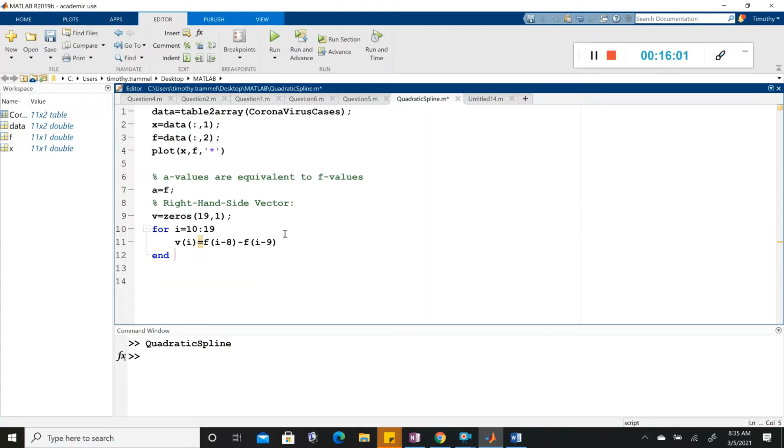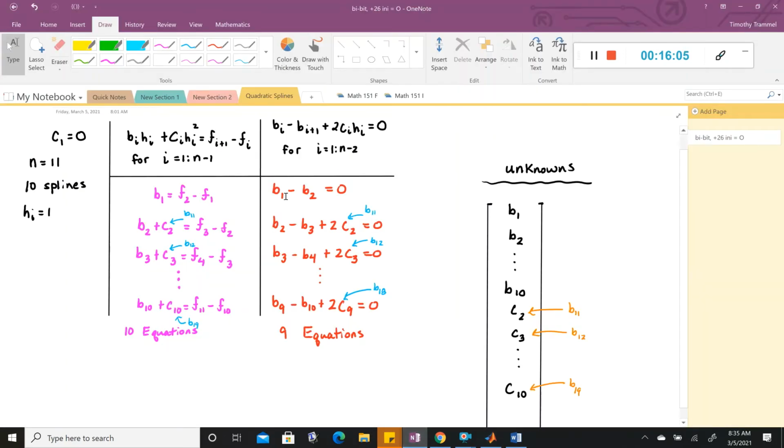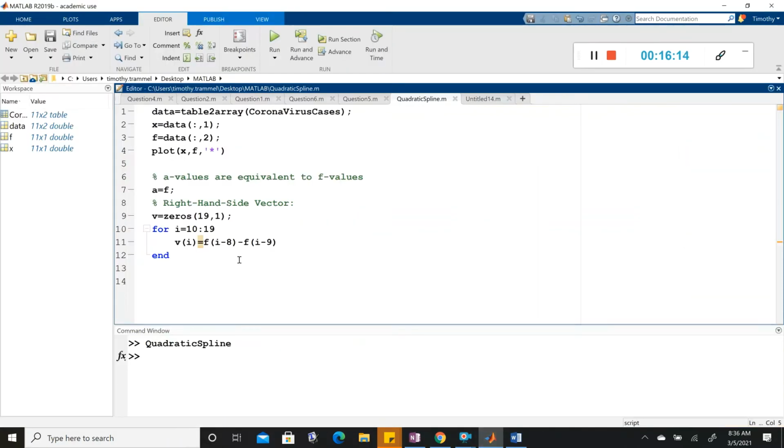And now on to the hard part. We're going to want to start setting up a matrix that contains, again, these 19 equations. Let's put a comment in our code here. Let's say first 9 equations. And also, while we're at it, let's just create a blank matrix here.